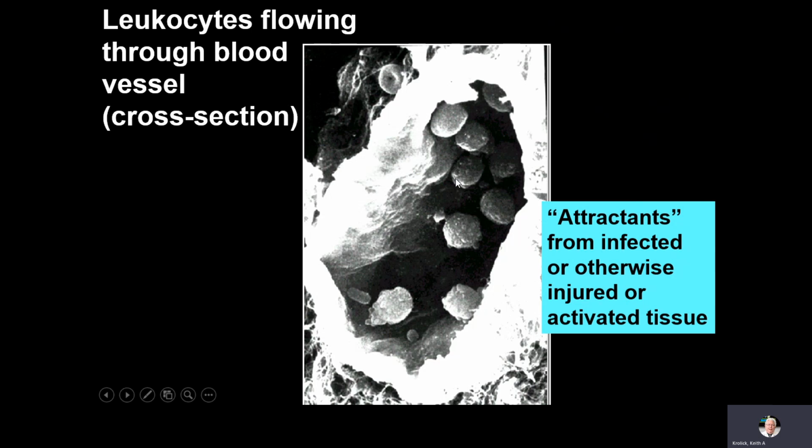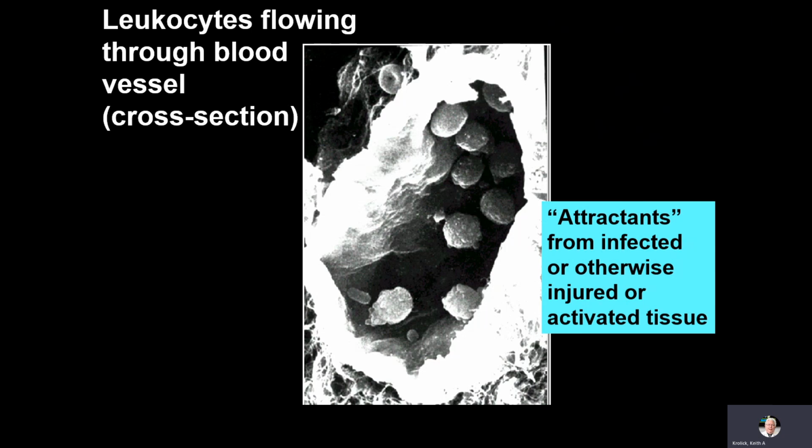And these leukocytes are sensing something is going on outside of the vessel. Now, the something has to do with products that are often made by the tissues over here to the right that are attractive to the leukocytes.